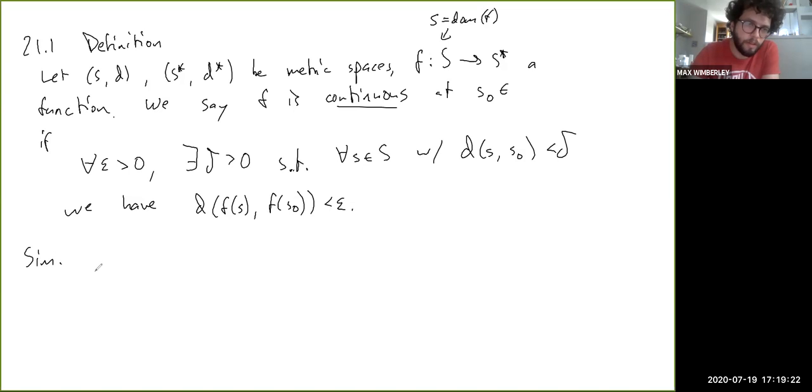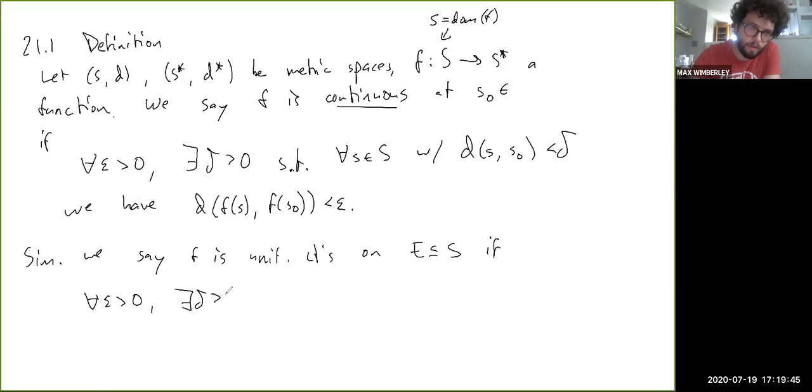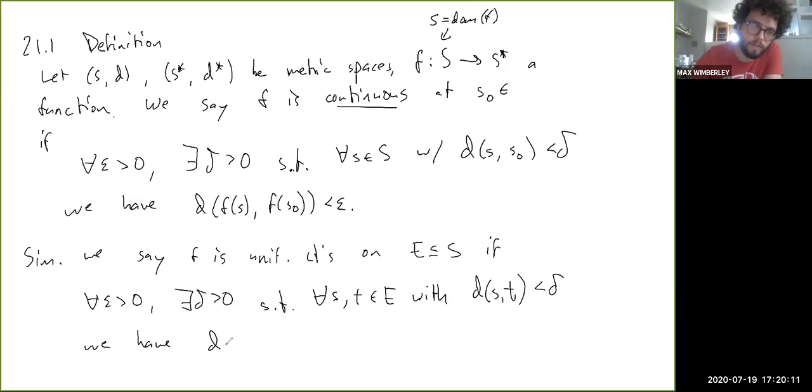And similarly, for uniformly continuous functions, we would say f is uniformly continuous on a subset E of S if, for all epsilon greater than 0, there exists a delta greater than 0, such that for all s and t in E with distance of s and t less than delta, we have the distance between f of s and f of t is less than epsilon.